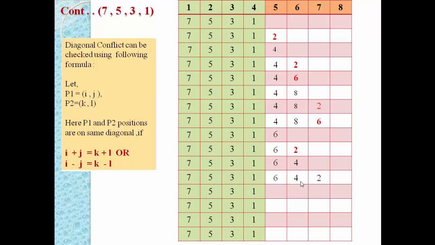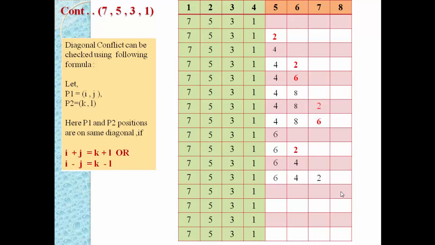No queen has addition of row and column equal to 9. Same way we need to check 7 minus 2 is equal to 5. No queen out of these 6 queens has a subtraction of row and column equal to 5. It means that this is the correct position of our queen number 7, and that is our 7th row, 2nd column.